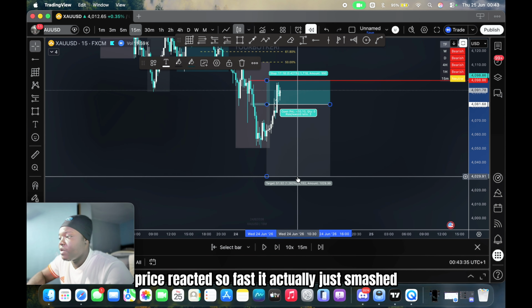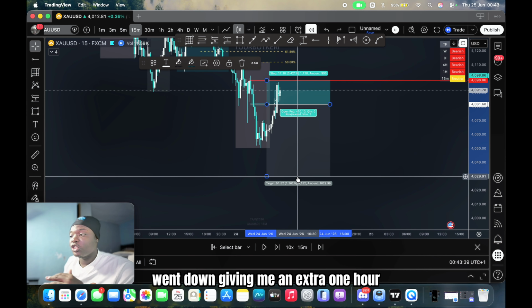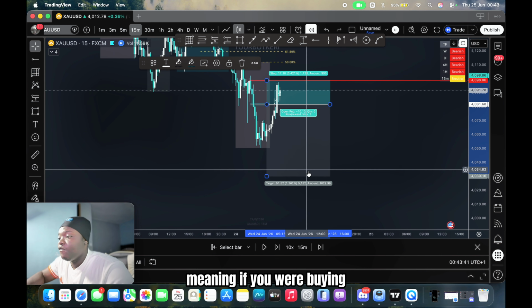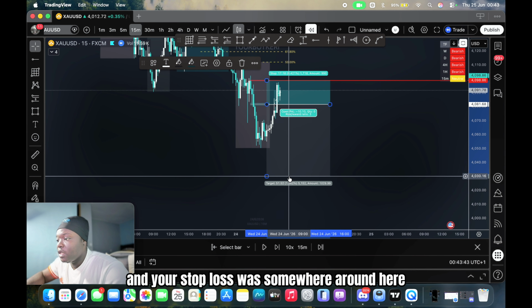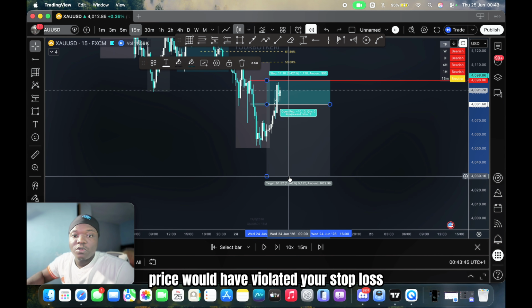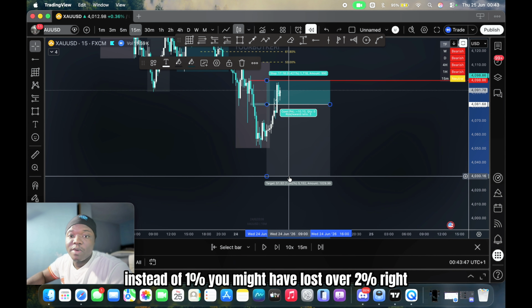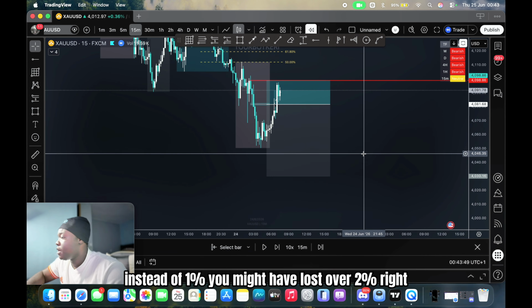Price reacted so fast, it just smashed down. If you were buying and your stop loss was somewhere around here, price would have violated your stop loss. Instead of 1%, you might have lost over 2%.